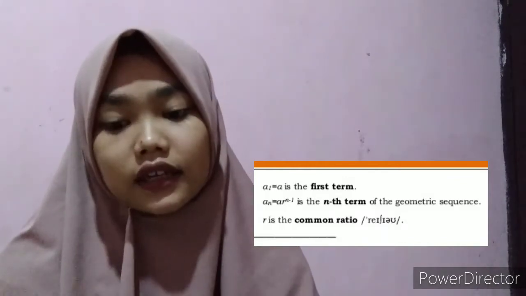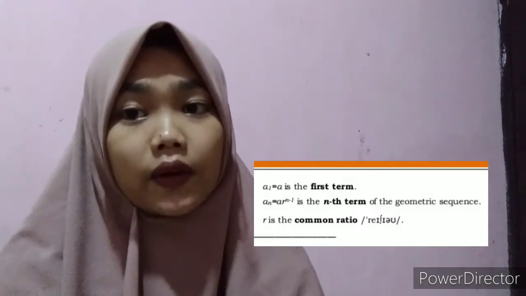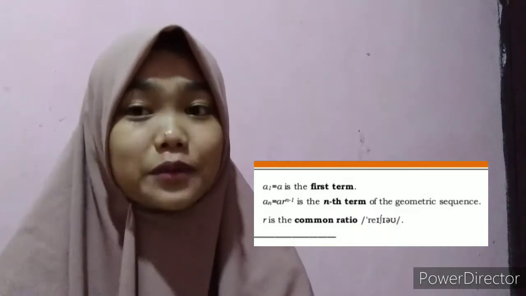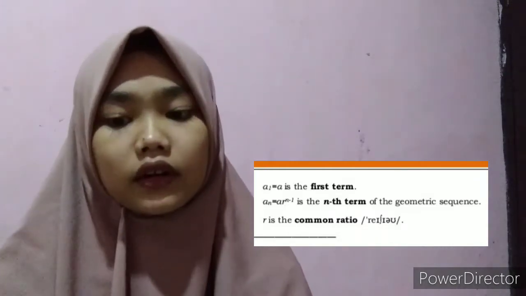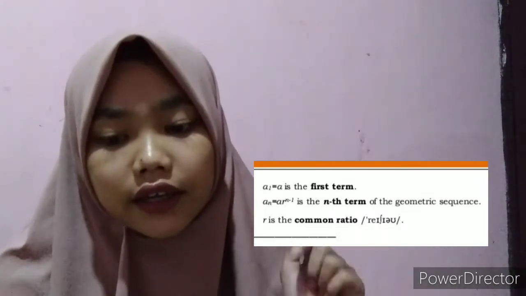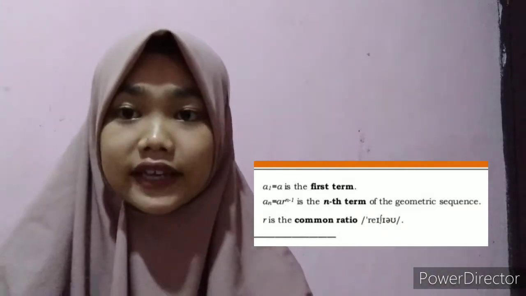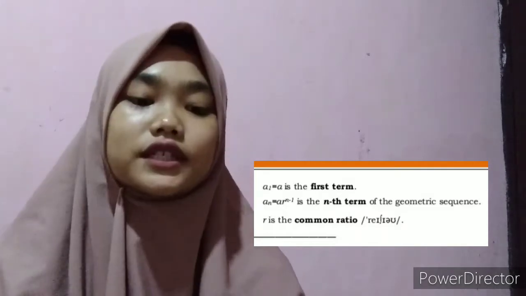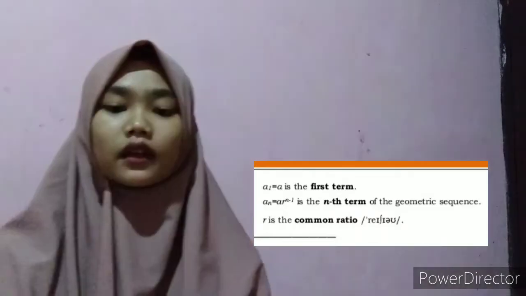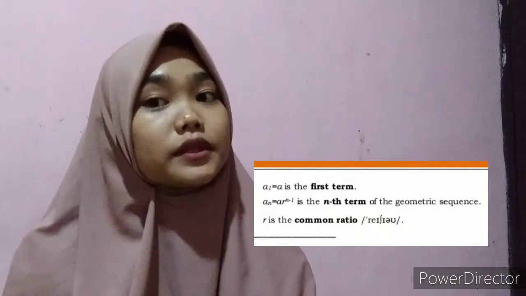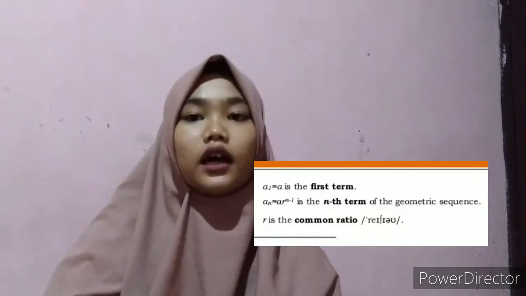An is equal to a times r to the power of n minus 1, which is the nth term of the geometric sequence. r is the common ratio. Okay.